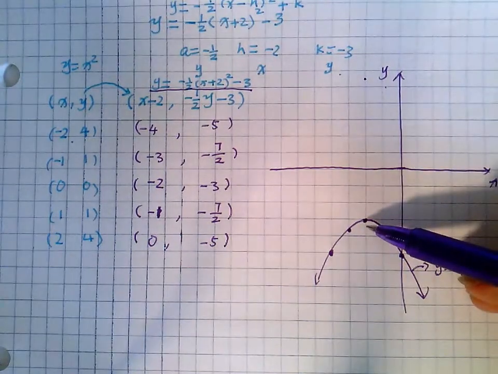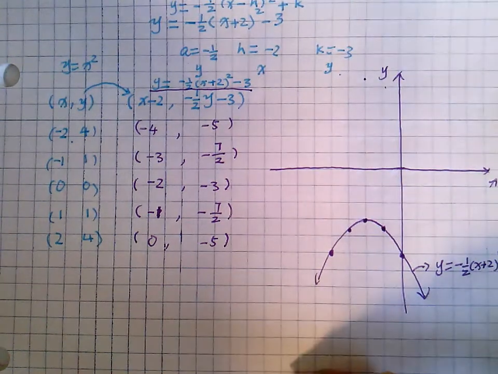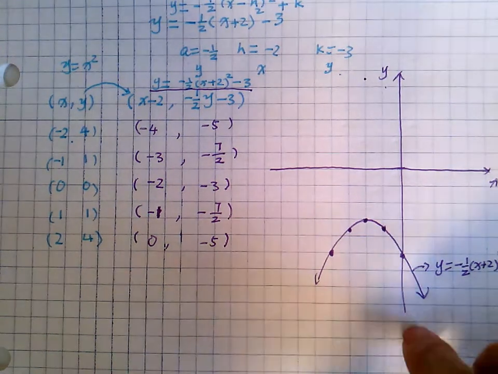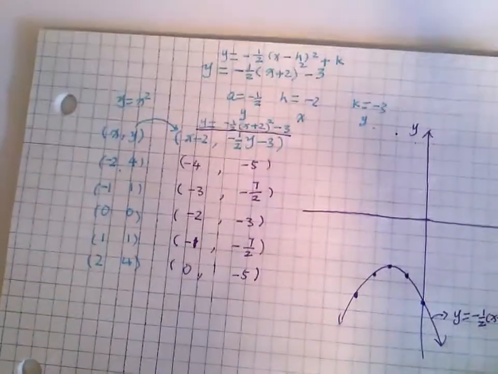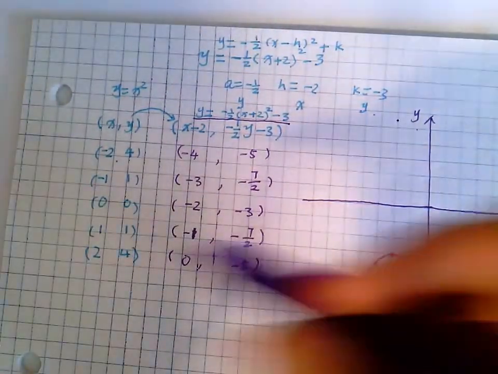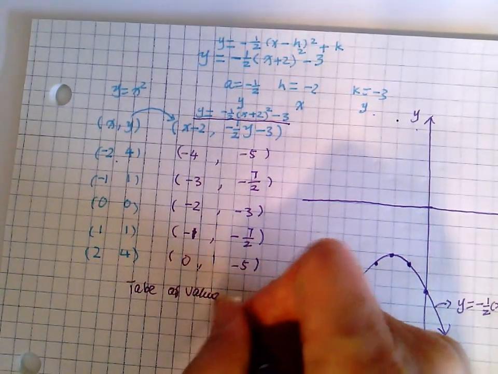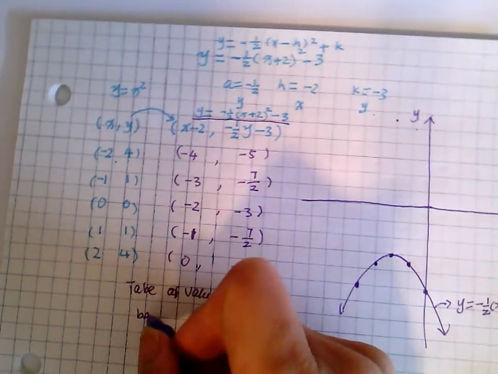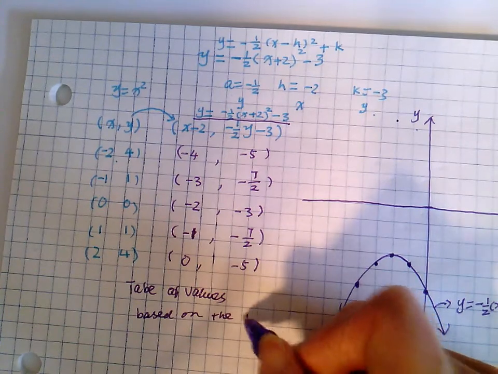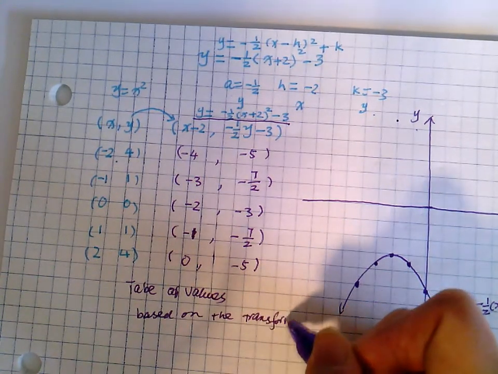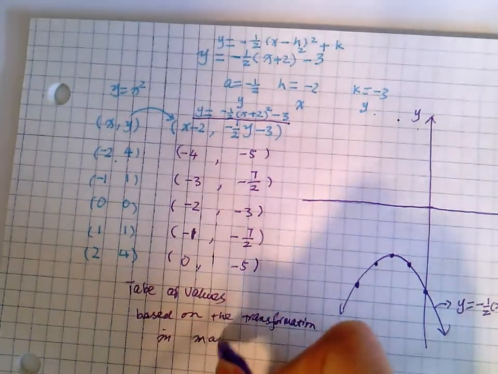Did you see this graph? Because the a value is negative, it actually reflected down, right? Reflected down here. Okay, and I hope you get this idea of a table of values based on the transformation, in the mapping rule.